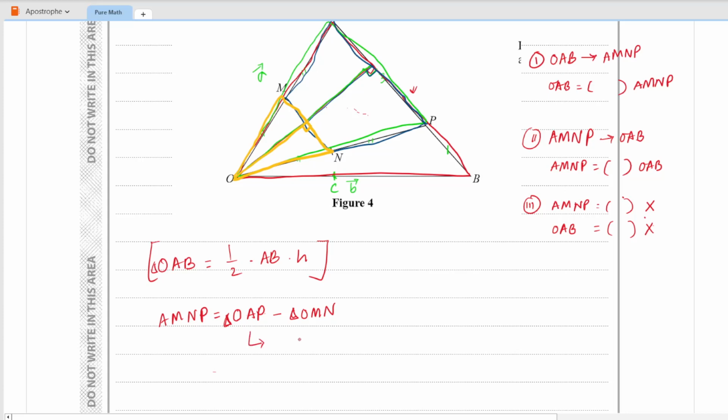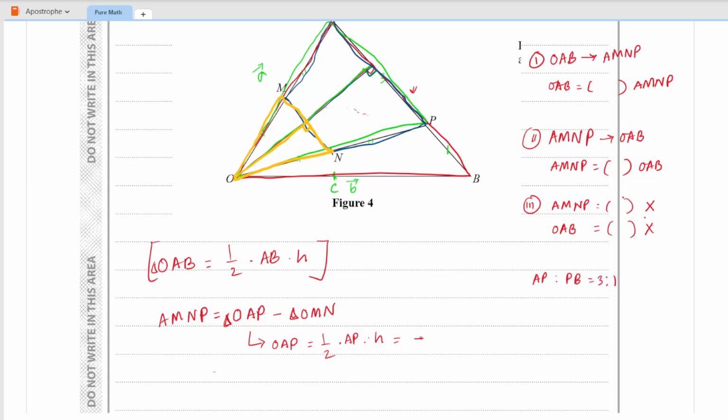OAP here is half into AP into H. H we don't have any problem because they have the same H. And what is AP? In the question it was given AP is to PB is equals to 3:1.